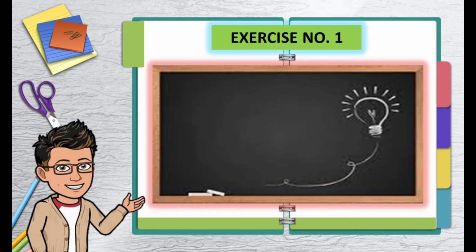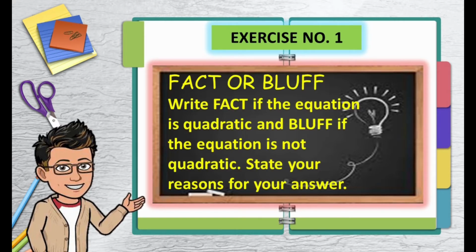Okay, so we just finished the first leg of our discussion. So now let's have exercise number 1. Fact or bluff. Write fact if the equation is quadratic and bluff if the equation is not quadratic. State your reasons for your answer. Okay, let's start.